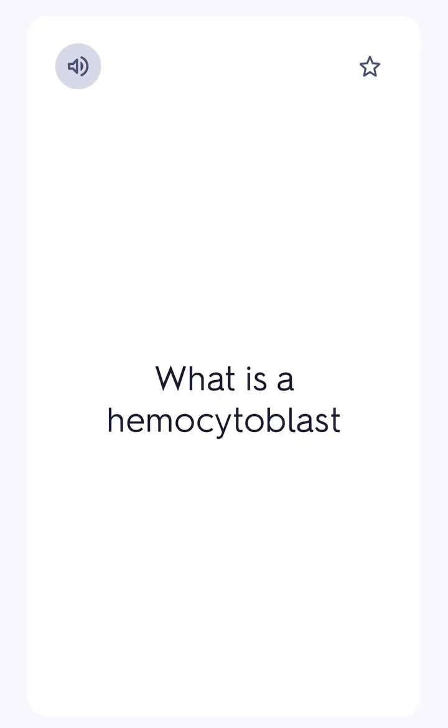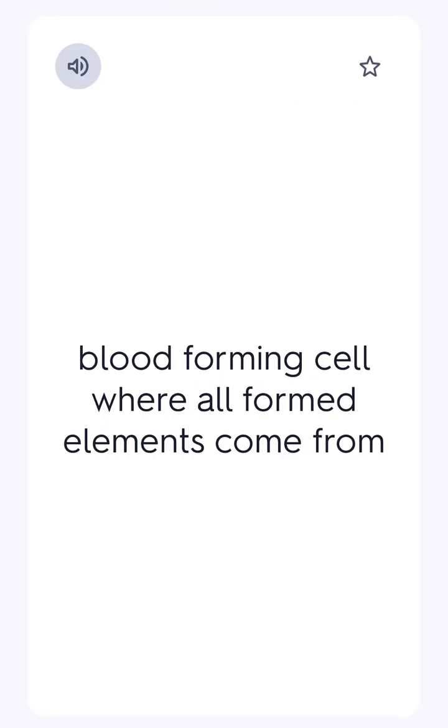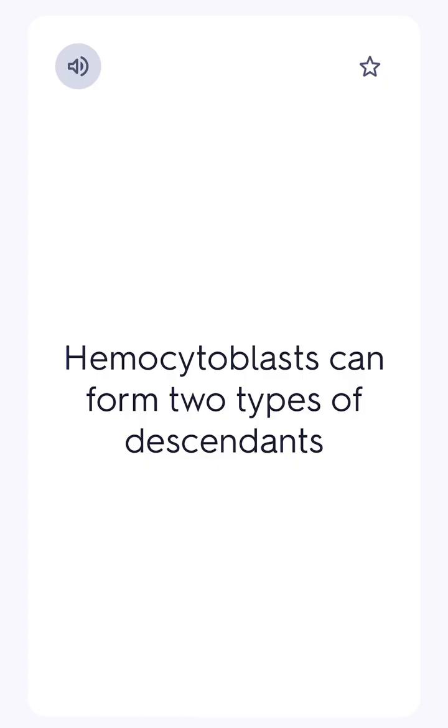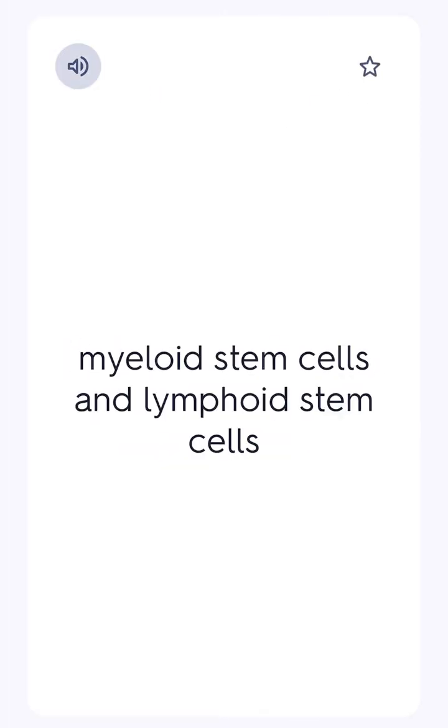What is a hemocytoblast? Blood-forming cell where all formed elements come from. Hemocytoblasts can form 2 types of descendants: myeloid stem cells and lymphoid stem cells.